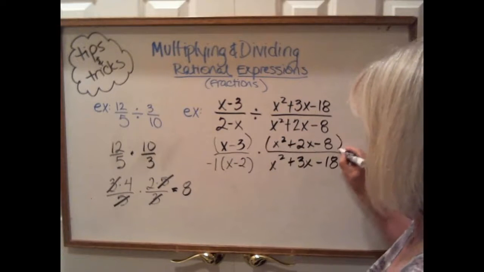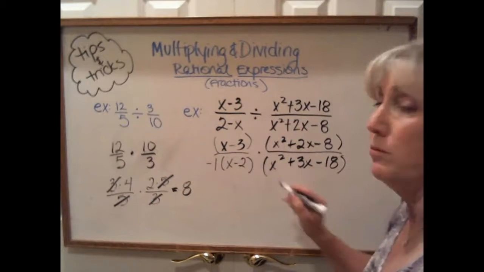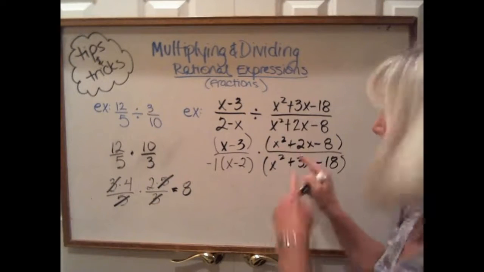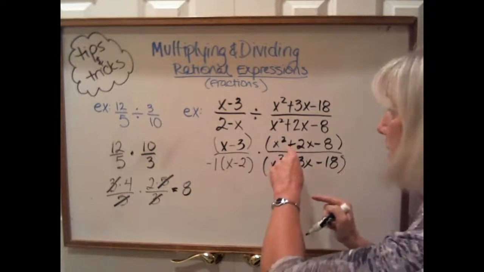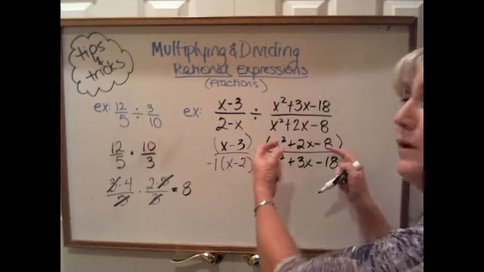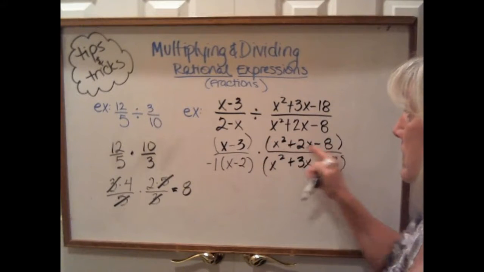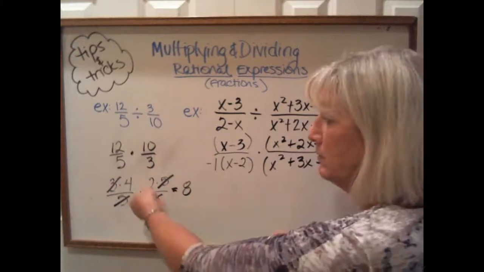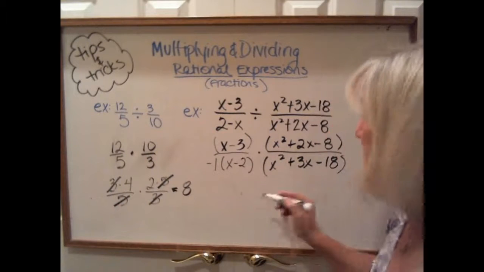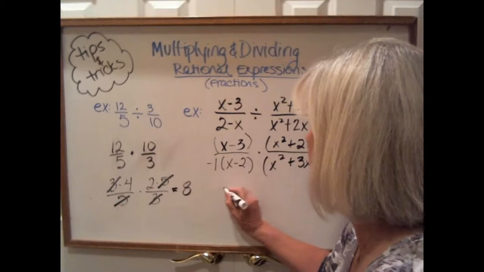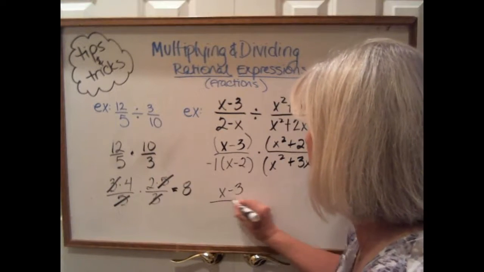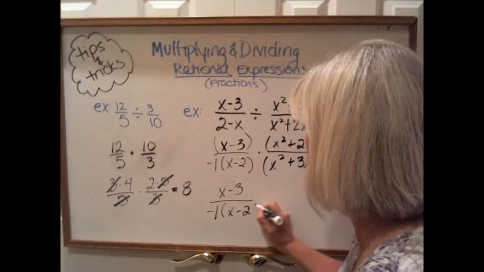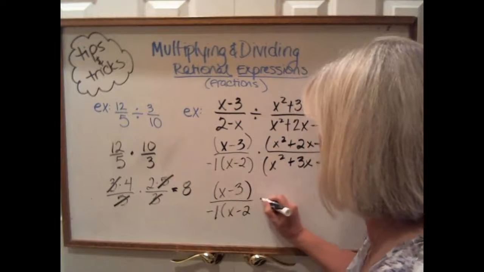Now these are factors. What's really tempting for a lot of people to do is to try to cancel, say, the x squareds. They cannot be canceled because they are terms within a factor. So what we need to do is factor each one of these, and then we will get to cancel out the common factors. So I'm going to rewrite this, x minus 3, and then carry down that negative 1, x minus 2, putting that in parentheses.